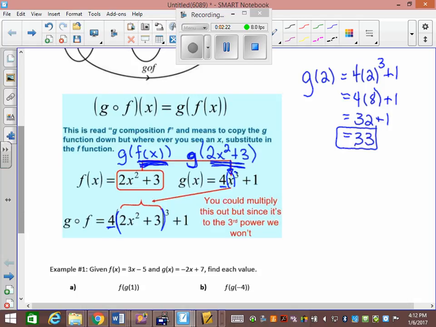And then the cube stays, plus 1. So the only thing I did was replace the x with 2x squared plus 3, because instead of it just being g of x, which it usually is, it's g of 2x squared plus 3. So this goes in for all the x's in g.